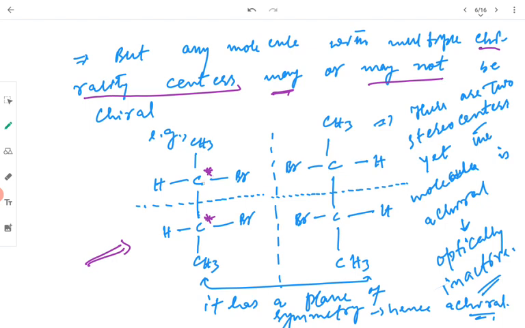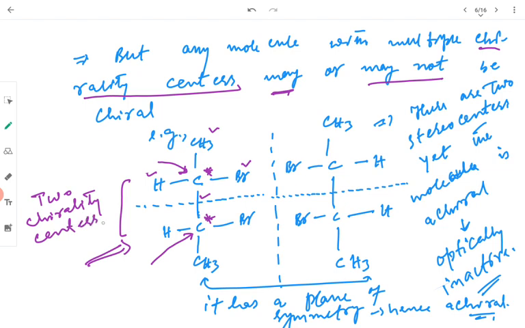This carbon here is attached to four different groups: group 1, group 2, group 3, and group 4. This carbon is also attached to four different groups. But despite having two chirality centers, the overall molecule is achiral.